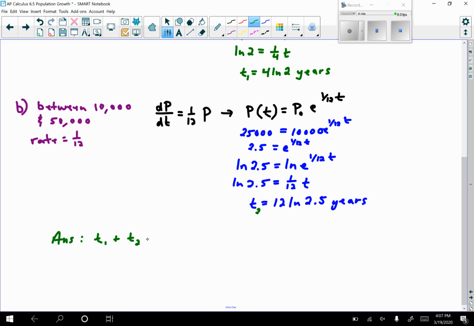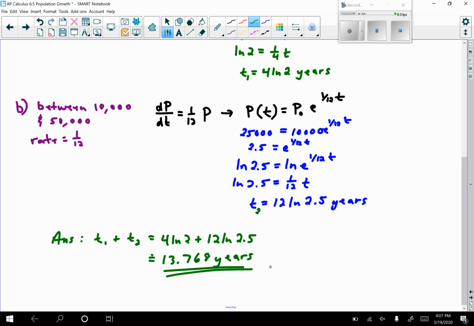If you want to pause this right now, type this into your calculator: 4 times the natural log of 2, plus 12 times the natural log of 2.5. Should be approximately 13.768 years.